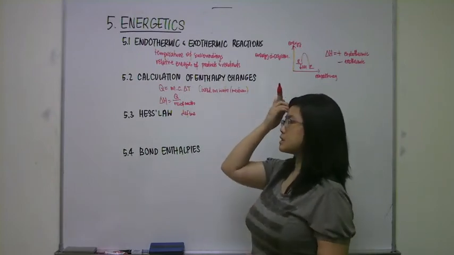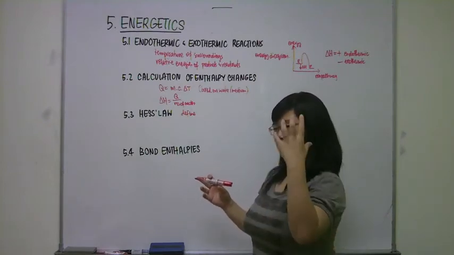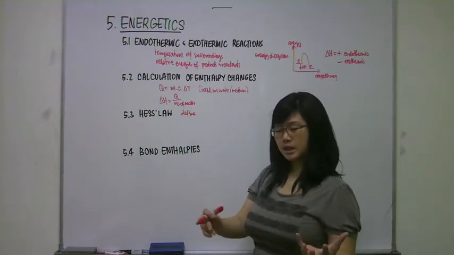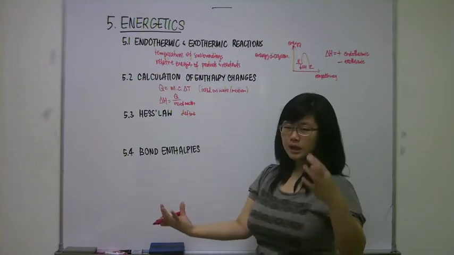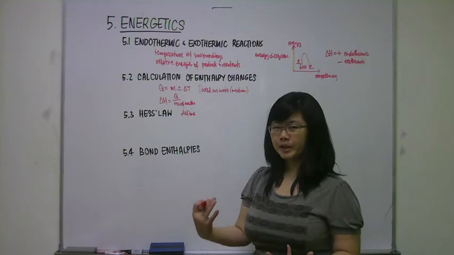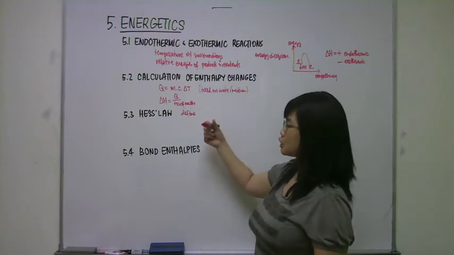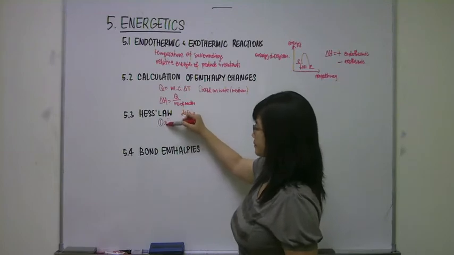Okay. So Hess's law states that if you start with the same reactants and you end with the same product, okay, doesn't matter which path you take, you will have the same enthalpy change of reaction. Okay, so that's Hess's law. Usually we will teach two methods.